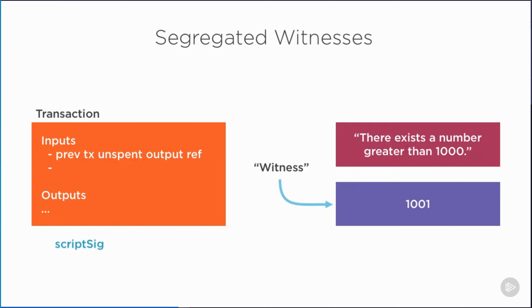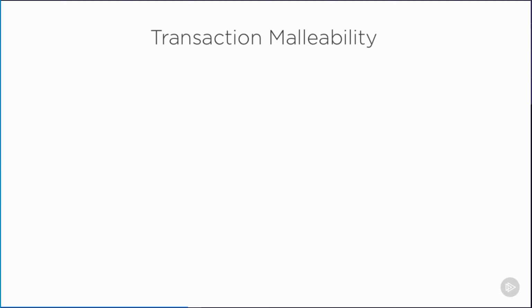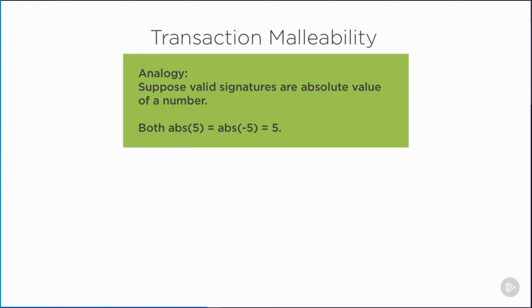This was originally introduced to solve a problem where transactions could be superficially changed, called transaction malleability. One of the ways this occurs is due to a subtlety in the elliptic curve cryptography. Imagine if a number 5 is a valid signature, then something like 5 and -5 are both valid.